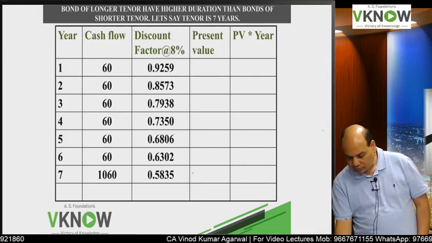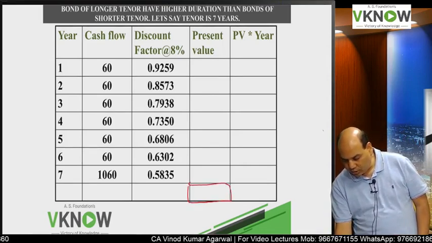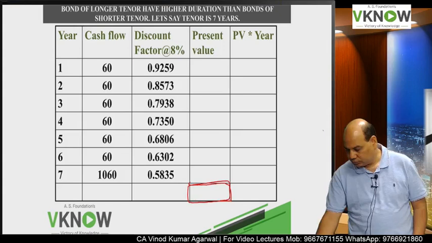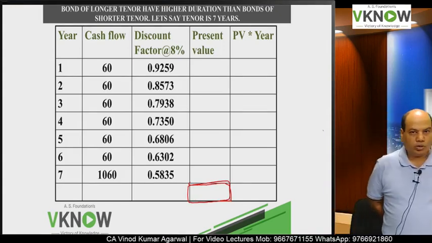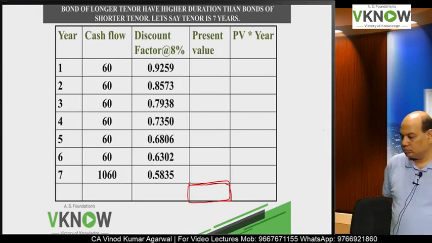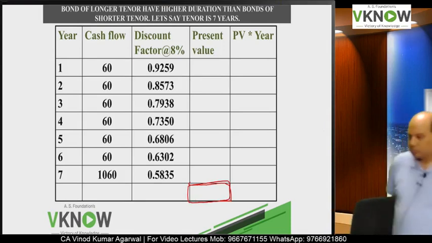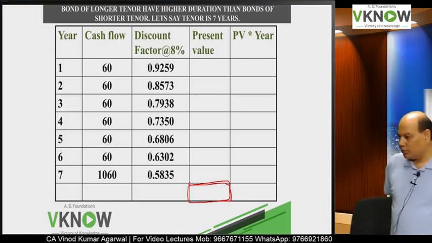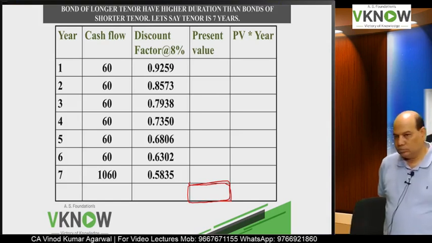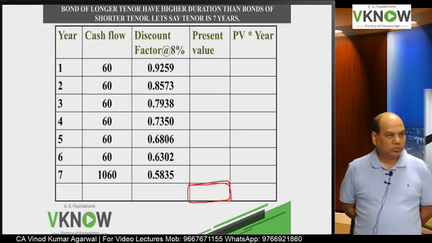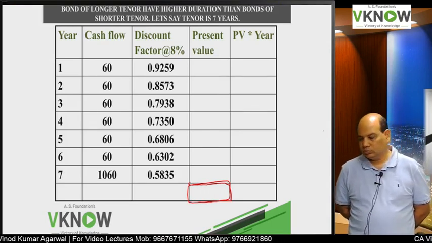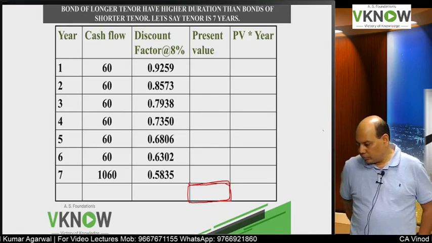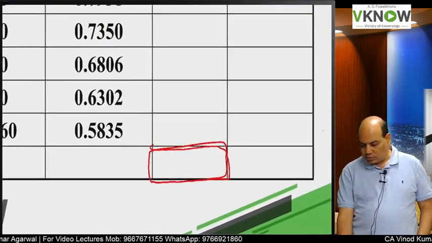Let me see who will give me the total first. Who will give me the total first? I am waiting for your answer. Please reply. Anybody who got the answer?